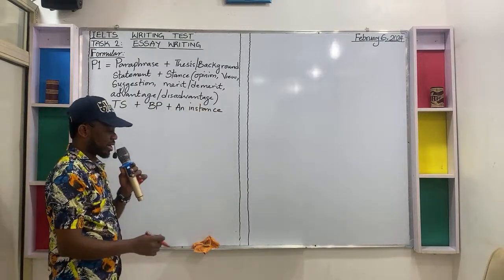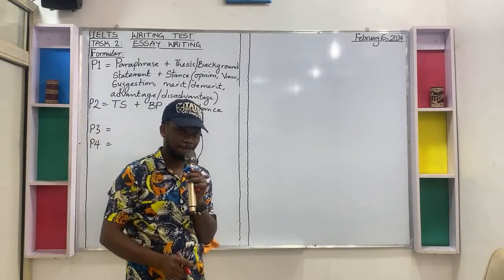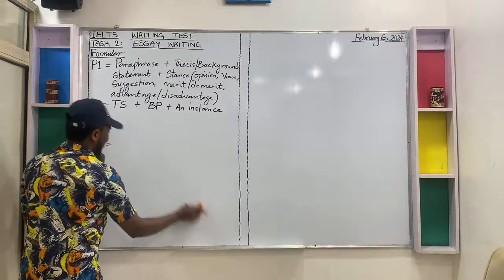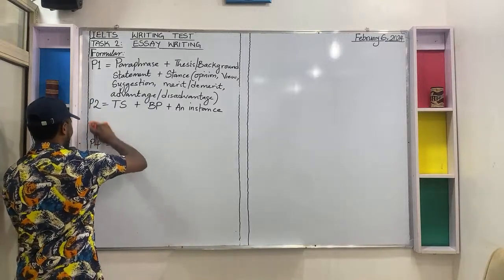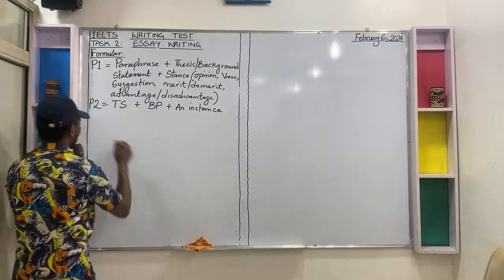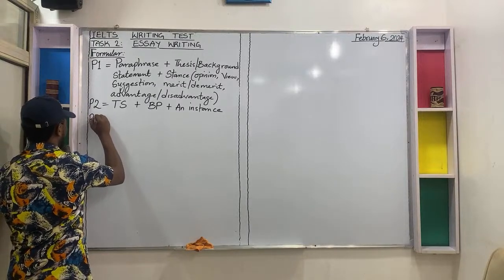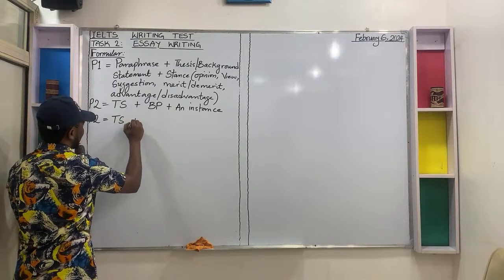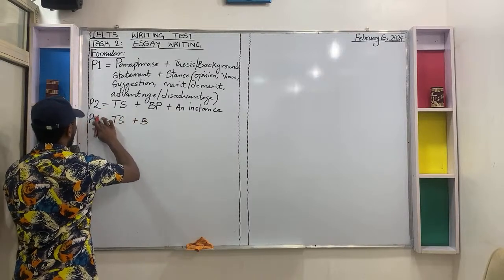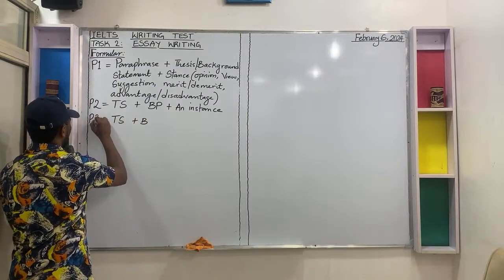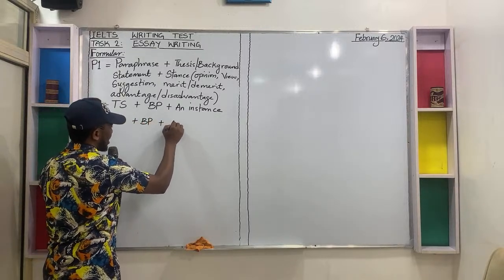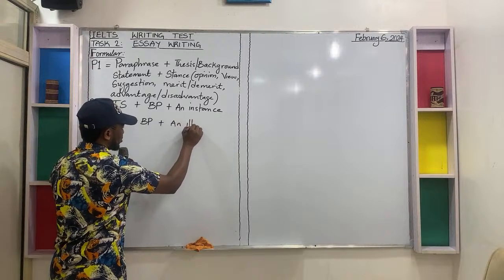Jennifer, what do you have in paragraph 2? Same with paragraph 2. Topic sentence. Same as paragraph 2, right? So we have topic sentence. That's paragraph 3 then. Topic sentence, body paragraph, and illustration.